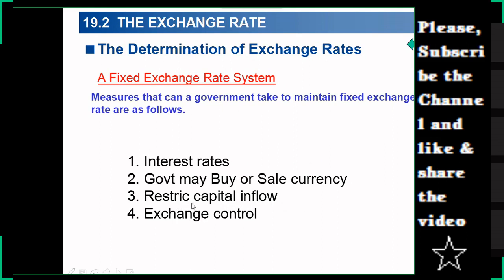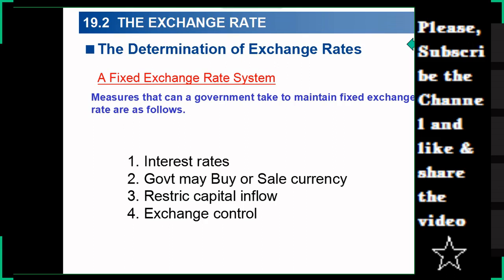Then we have restrict capital inflow. Now see, if the government has kept the value at the central level and it is being maintained, all of a sudden what happens? Some foreign investors think of coming to that country and investing.